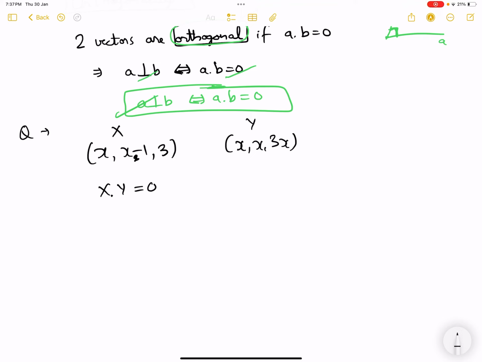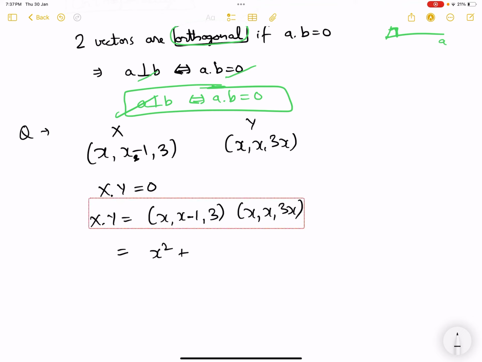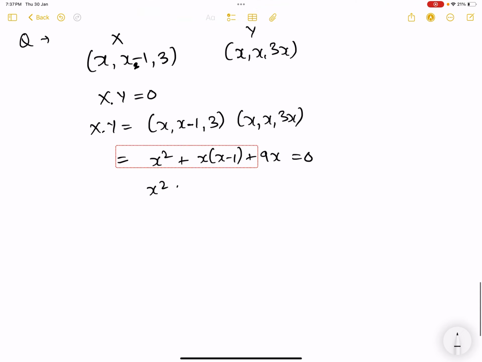So x dot y becomes x into x minus 1, 3, x, 3x. So this would be x square plus x into x minus 1 plus 9x. This should be 0. So this is x square plus x square minus x plus 9x equals 0. 2x square plus 8x equals 0.